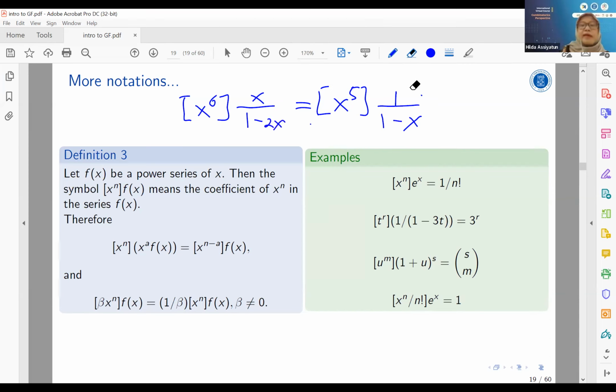Right? And what is the coefficient of x^5 of this?